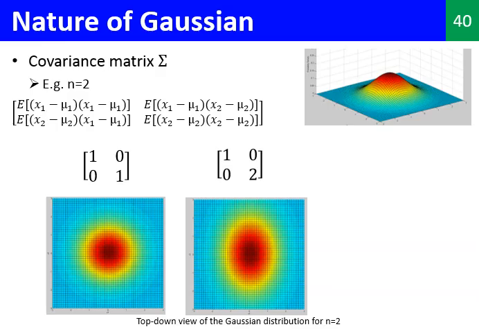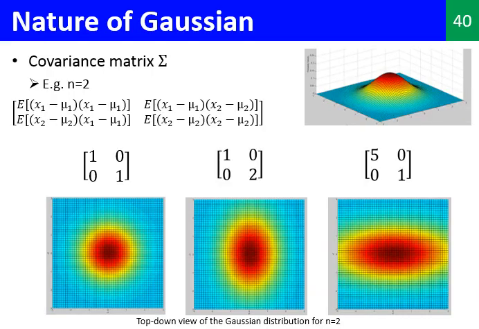And on the other hand, if we swap the dimensions, the shape will be the opposite. So here we have high variance in the second dimension, and here we have high variance in the first dimension. Still, you can notice there's no correlation between the two random variables, right?